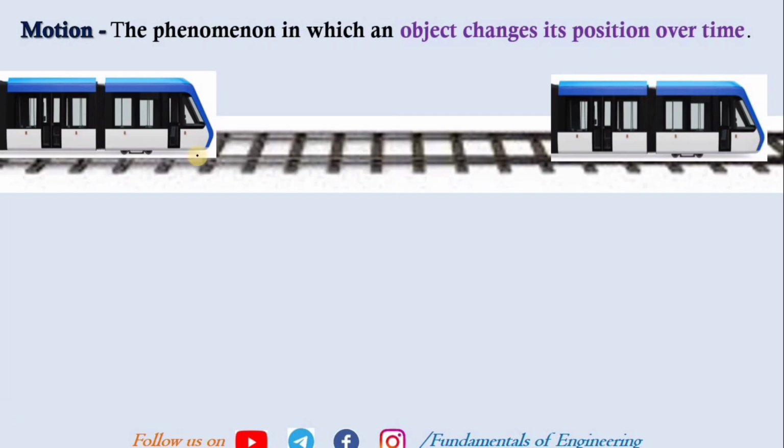So we have seen the train has a first position. When it's given the motion, it travels a certain distance, and due to that distance it comes to the second location. That happened due to the motion.